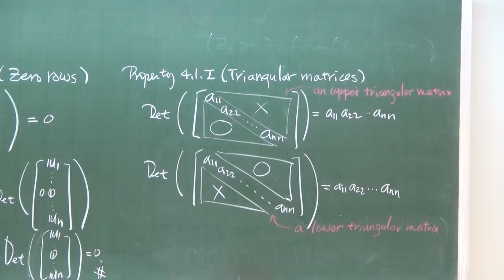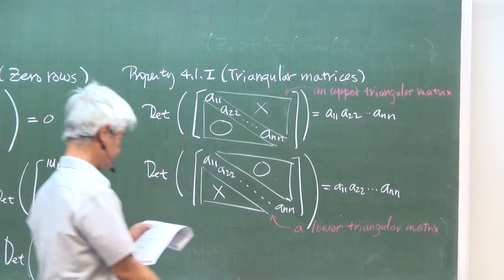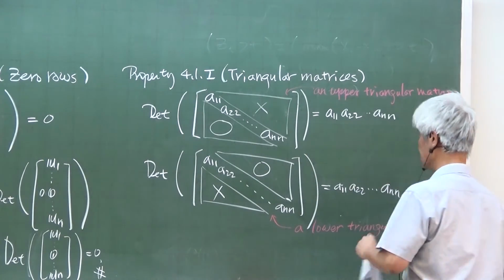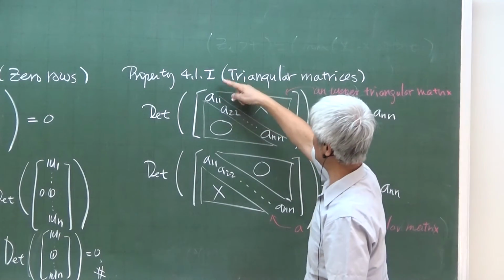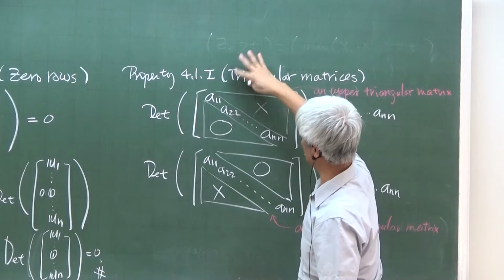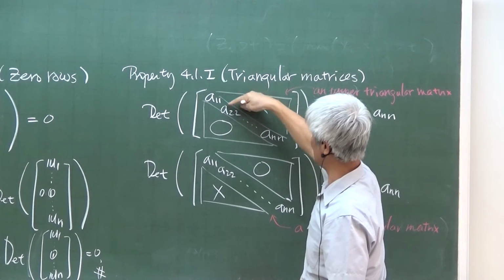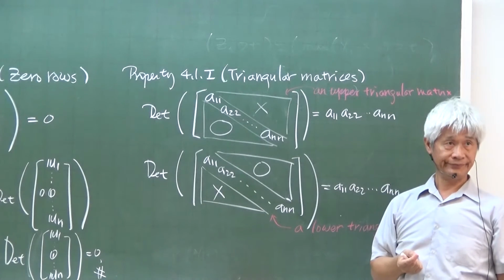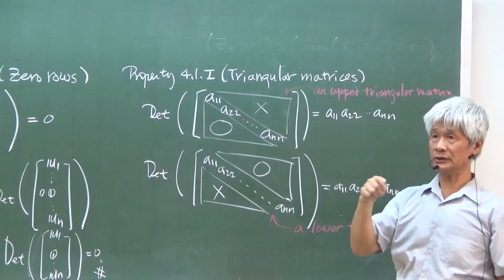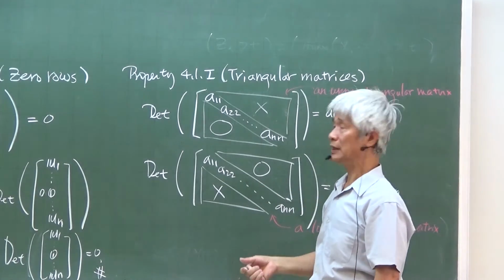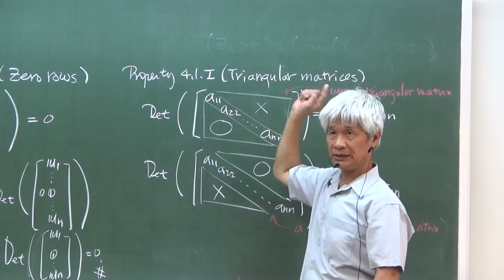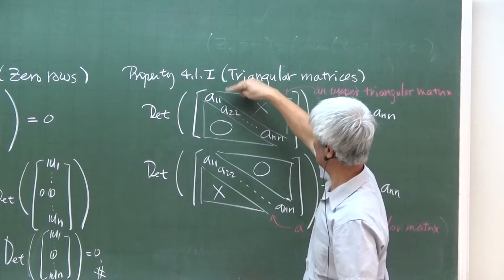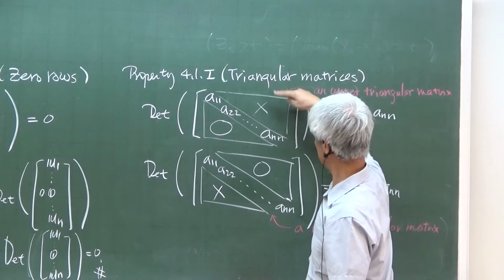Then if we have non-zeros, we can eliminate all the entries above the diagonal entries by replacement row operations. Let us do the elimination, so that all the entries here will be eliminated.